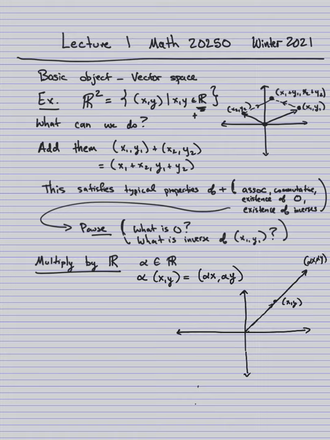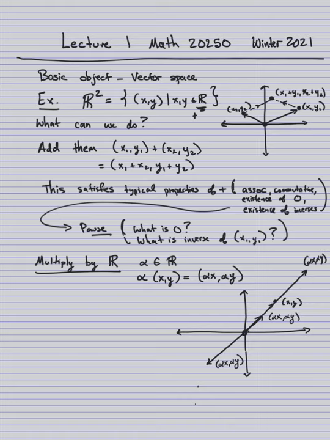If alpha was less than 1, I'd see it here. I can also multiply by negative numbers, so I might get something like this. So in any case, this operation either expands the plane, shrinks the plane, or does this kind of flipping through the origin.